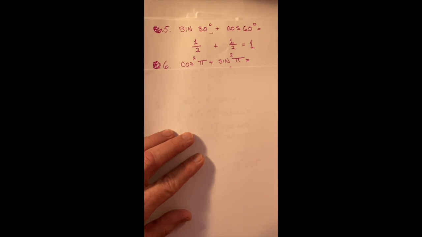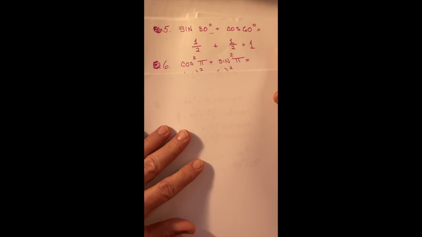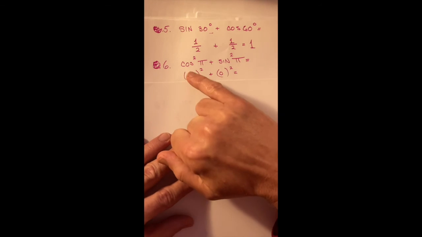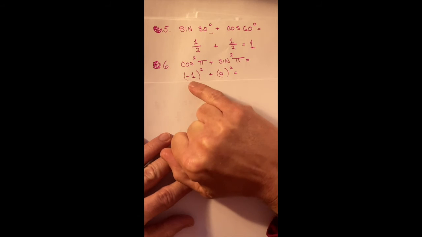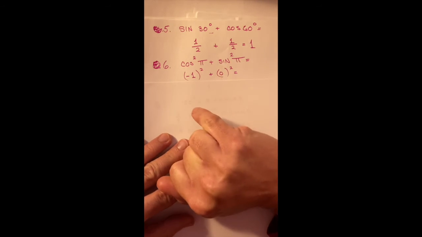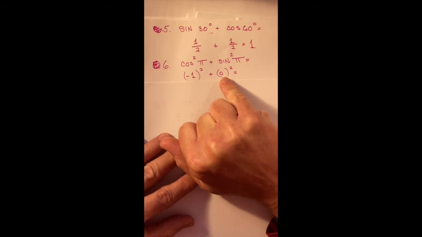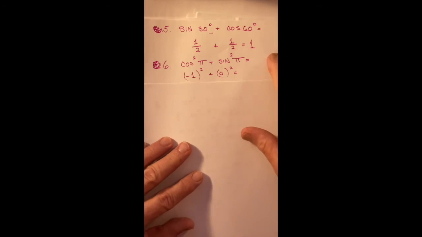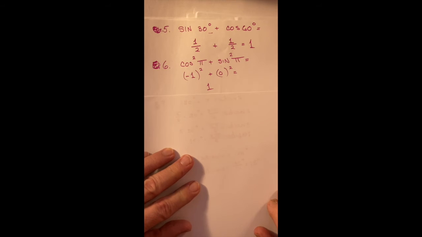And we'll look at it in a little bit, and I'll show you why. But for the moment, even if you didn't know that yet, you could just say, well, the cosine of pi is -1, and the sine of pi is 0. That you should know. Square that, you got 1 plus 0, and that's 1.